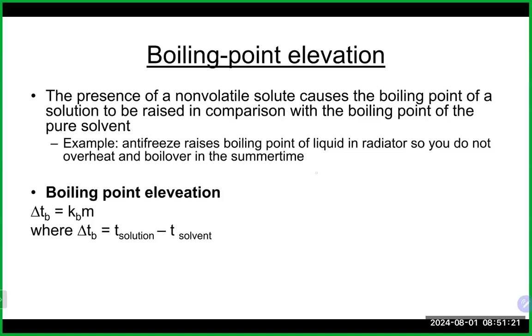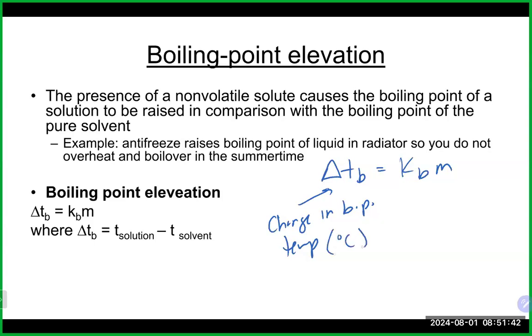In this case, we have a very similar equation to the one we just saw. The change in temperature of the boiling point is equal to Kb times m. That is, again, the change in boiling point temperature. Once again, not the temperature that it boils, but the actual change in the temperature in degrees Celsius.